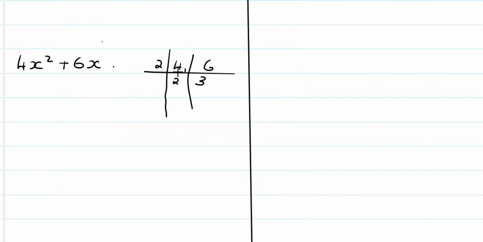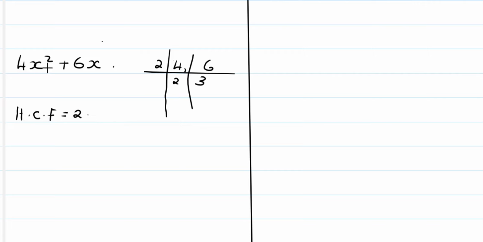Up to there, there is no other number which can divide these two values without a remainder, because 2 and 3 have no common divisor. So in our numerical case, the HCF becomes 2.